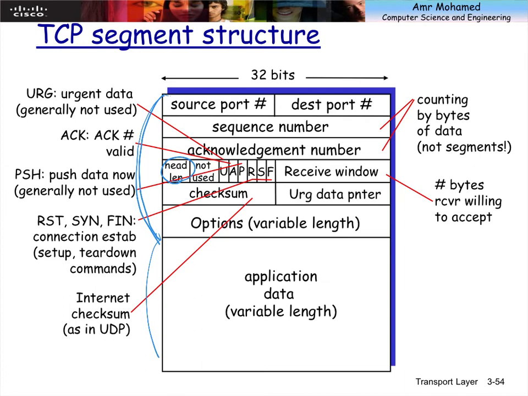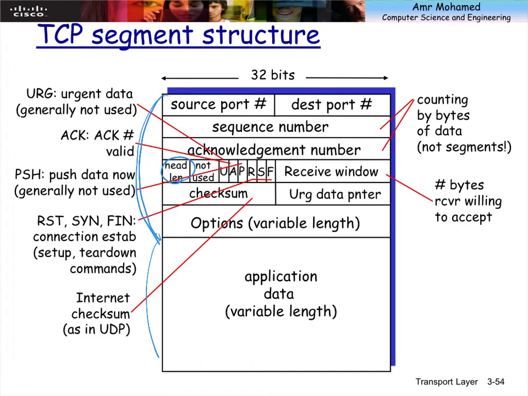No, because the header has fixed size. So I know when it starts and I know when it stops, because it's always fixed. So in that case, I don't need to have a header length. So you need to have an explicit header length only when the header size is variable.